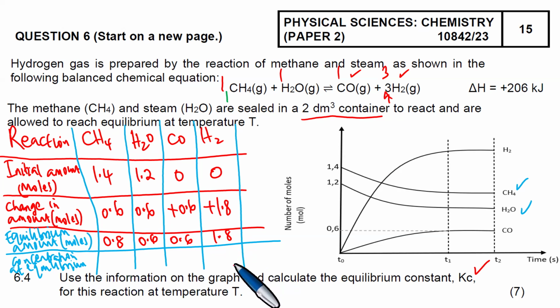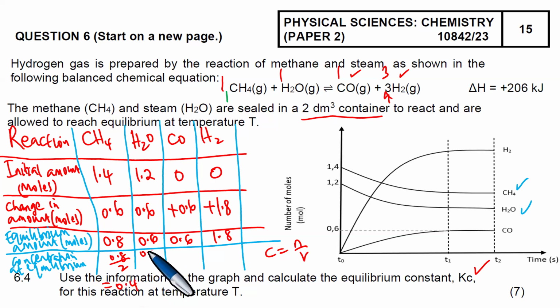And now you must also be in a position to read chemistry graphs as both grade 11 and grade 12 learners. Now, but we know that concentration is what? Concentration is number of moles over volume, right? The volume is 2 cubic decimeters. So you're going to take 0.8 number of moles divided by the volume, and when you divide here, you get 0.4.